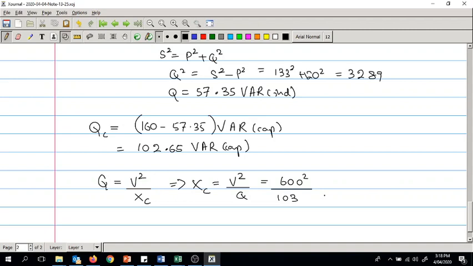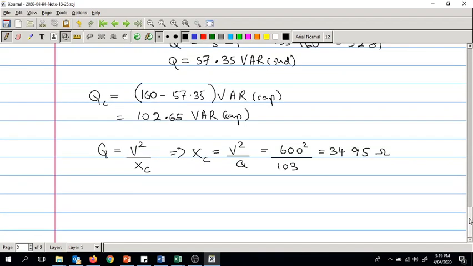So 600 squared divided by 103, which is XC equal to 3495 ohms, right?